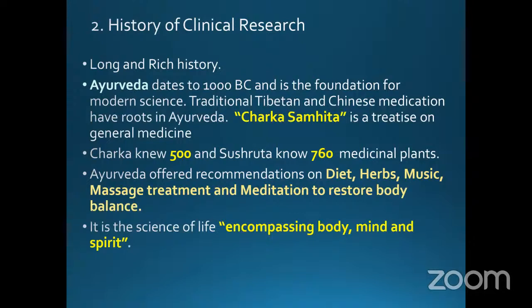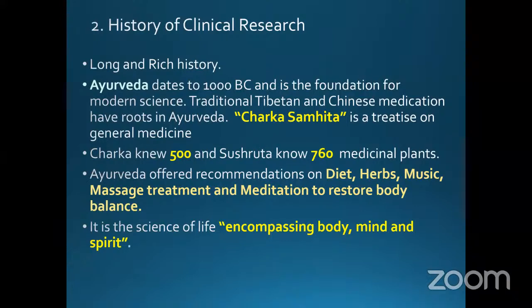You'll be surprised to know that the Charaka Samhita is a treatise on general medicine, and Charaka knew about 500, and Sushruta about 760, medicinal plants. Ayurveda offered recommendations on diet, herbs, music, massage treatment, and meditation to restore body balance. It is a science of life encompassing body, mind, and spirit.